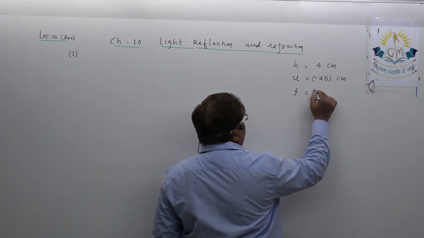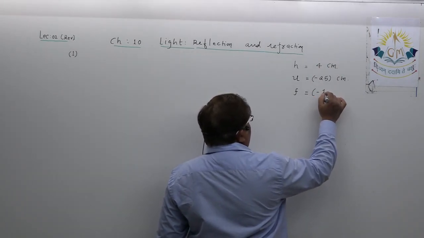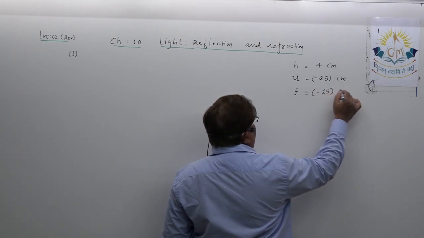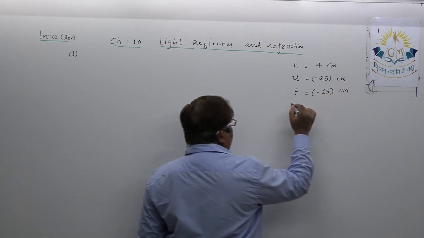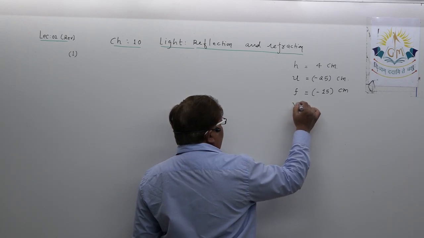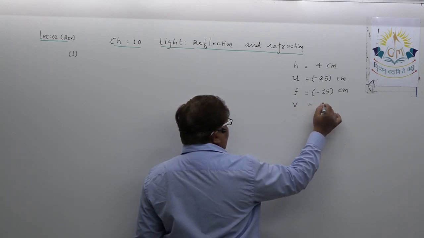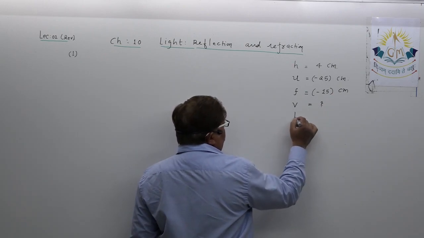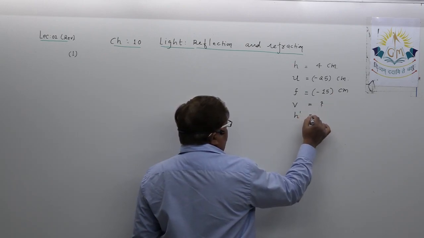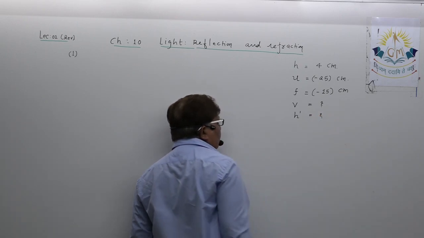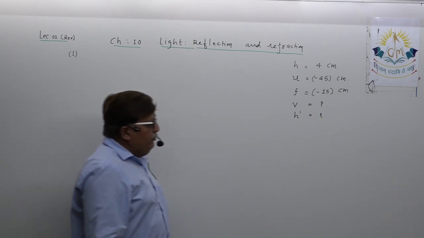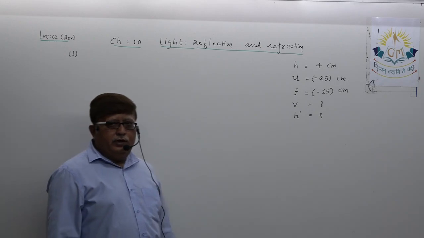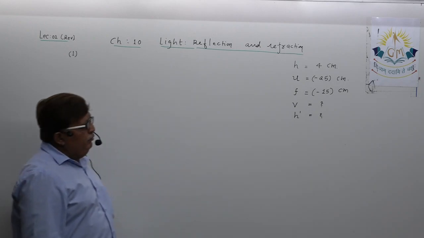So here it is minus 15 centimeter. Now what are you looking for? You are looking for the image distance as well as the image height, because you have to find the nature and size of the image also.